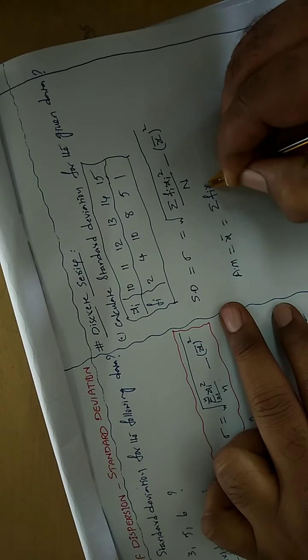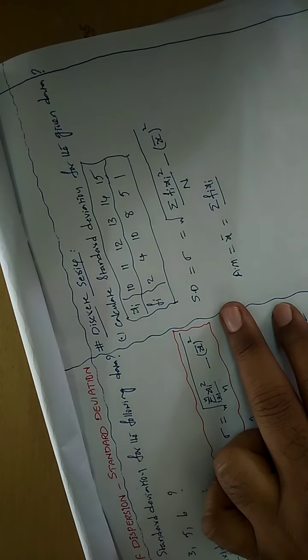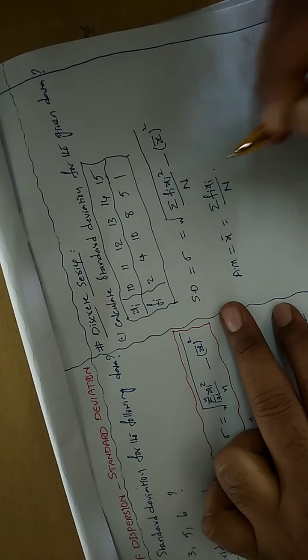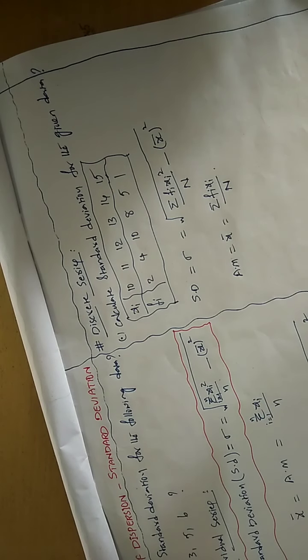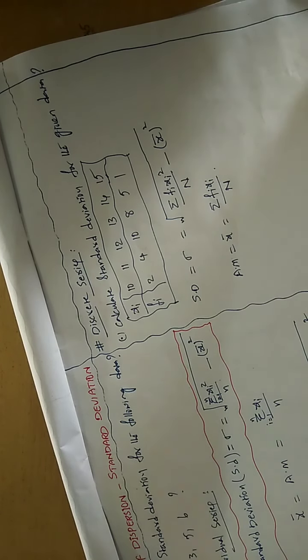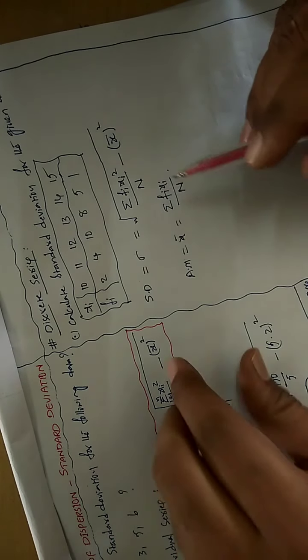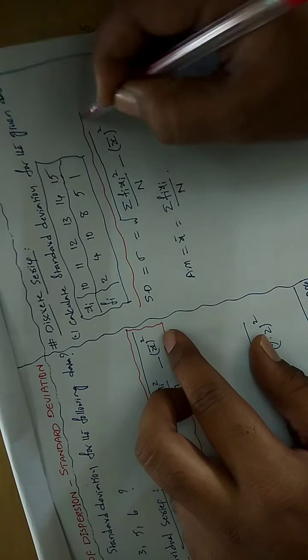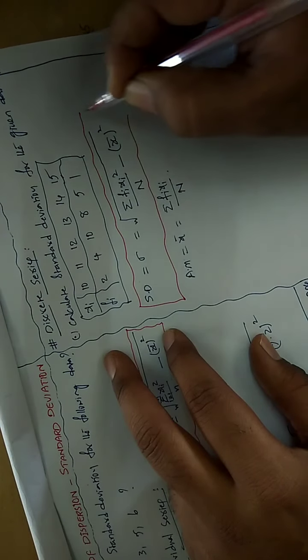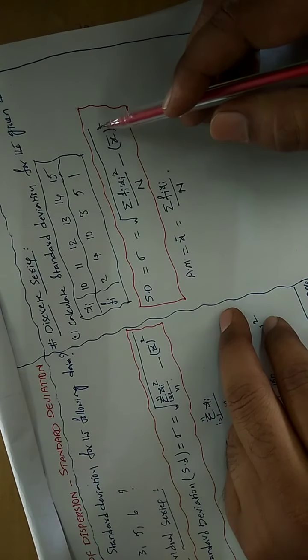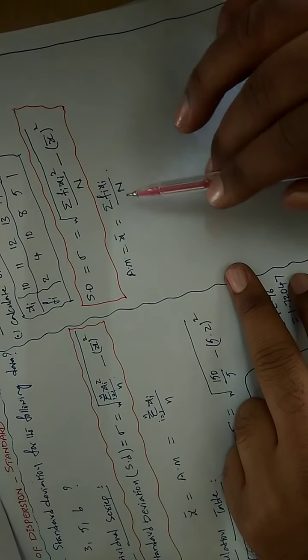Sigma fi xi by capital N. So this is the formula for standard deviation under discrete series. If you want, you can involve this entire term here also square, that way also you can write. But I feel this is the more comfortable form.